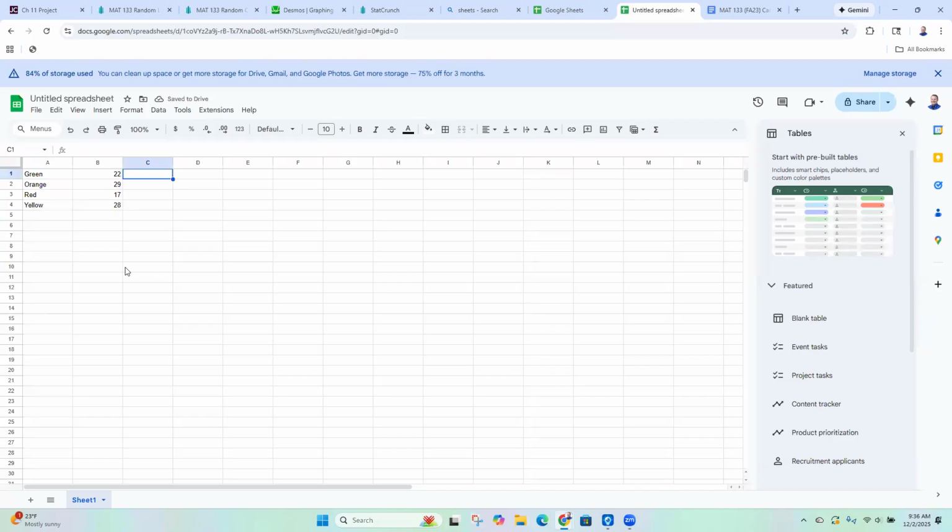Because now I can do the proportion, and so it's equals, and I can click on this cell and then divide by 145. And yep, there's all my proportions for my M&Ms.